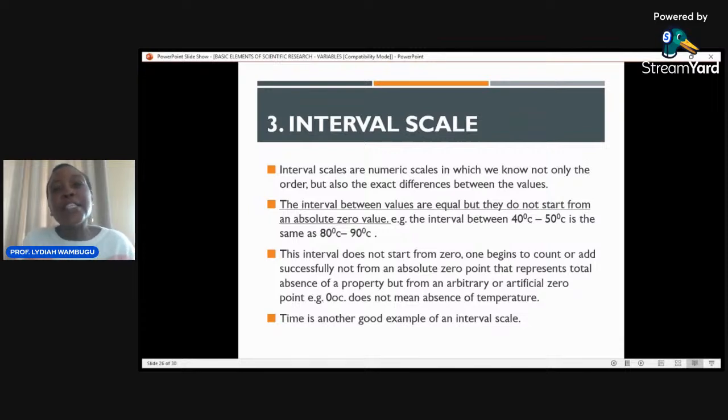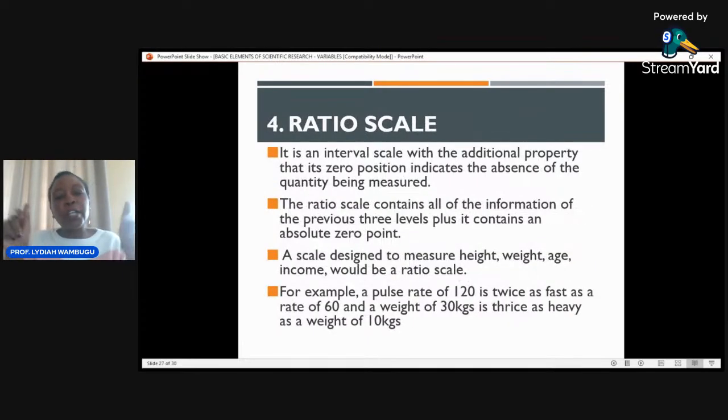When we say it is 00, it is midnight, so there is no time we will say there is absence of time. But if I say that my weight is 50 kilograms, I started from a true zero, and that is what we call ratio. The difference between interval and ratio is that ratio starts from a true zero position.